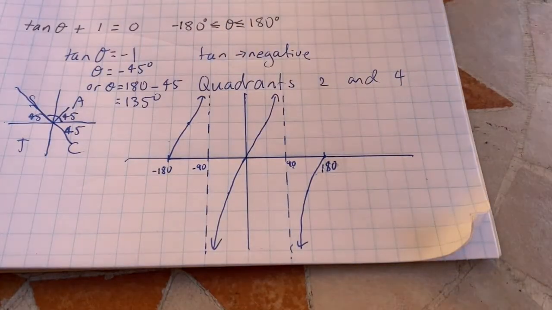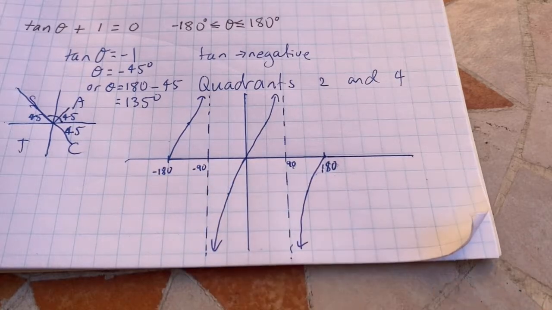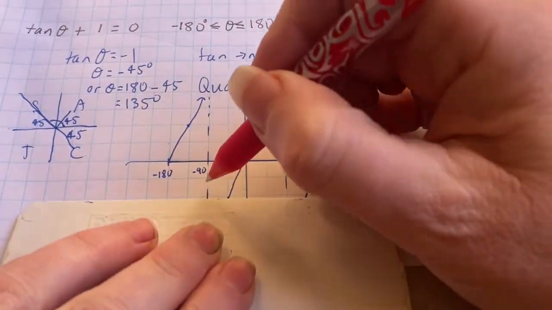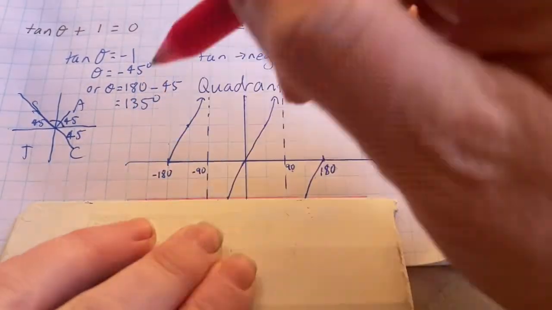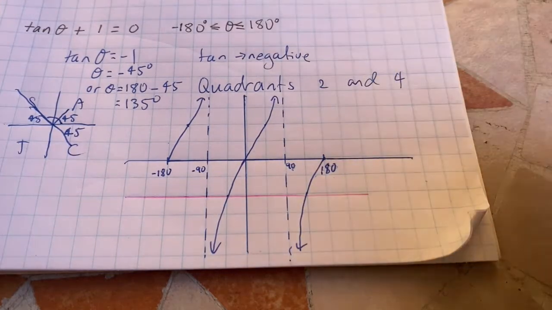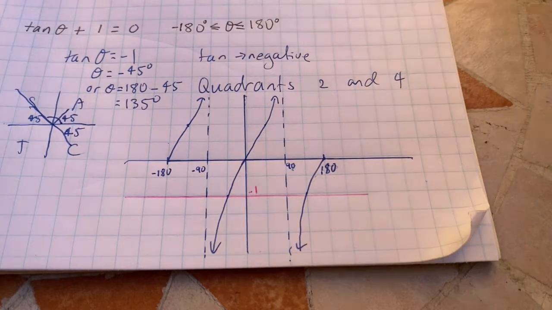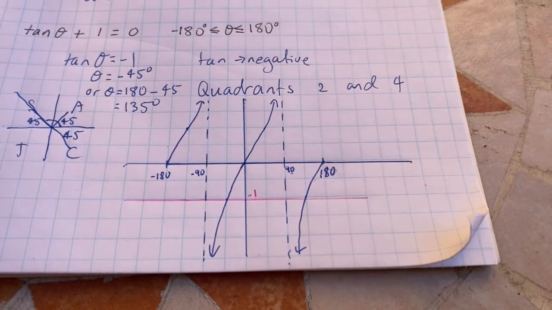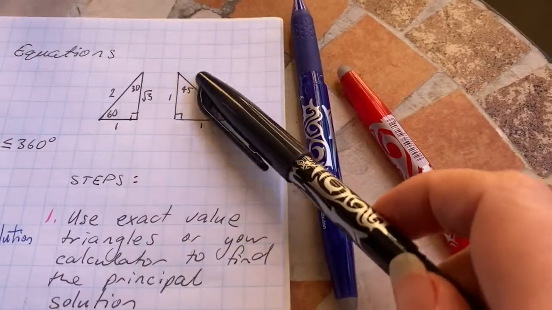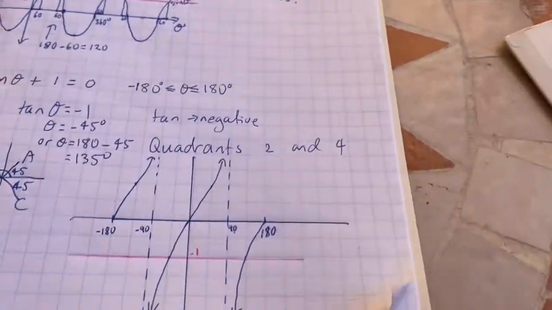Okay, for the second method, I have drawn my tan curve, and I've done it from negative 180 to 180 as I was asked, and I'm asked to find where does it equal minus 1. So if I just draw a line horizontally across here at minus 1, because when we're asked for that, we want to know where is the y coordinate minus 1. So that's minus 1 there. Now I could go shift tan positive 1, or I could use my exact value triangle to find that 45 degrees for positive 1.